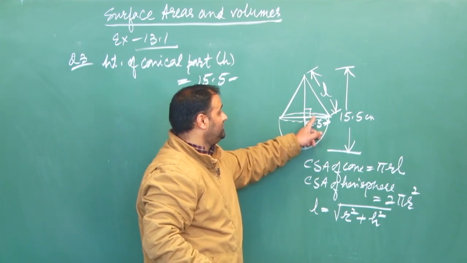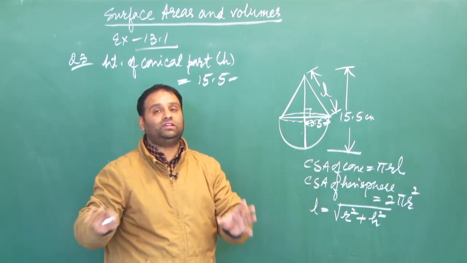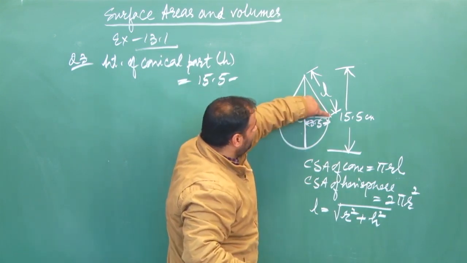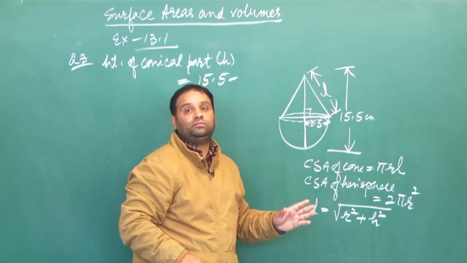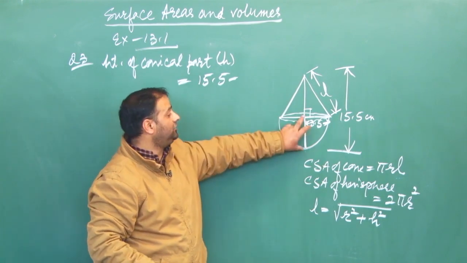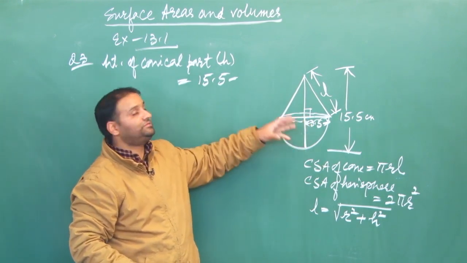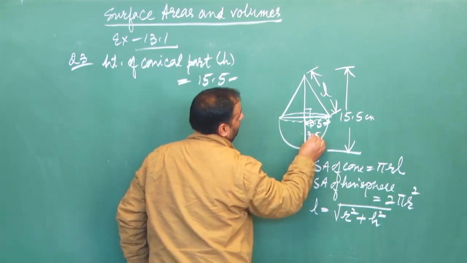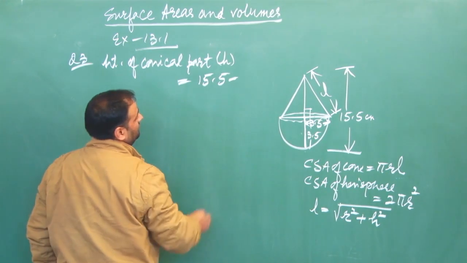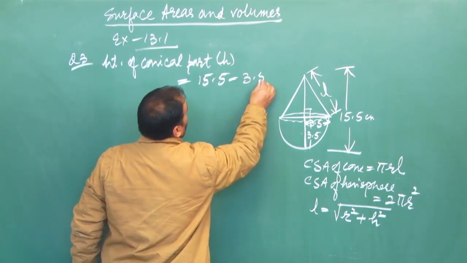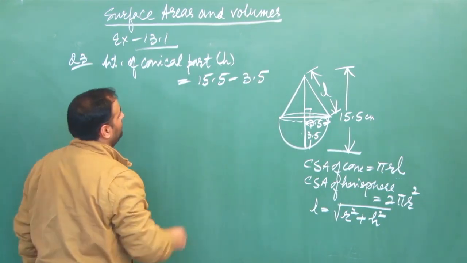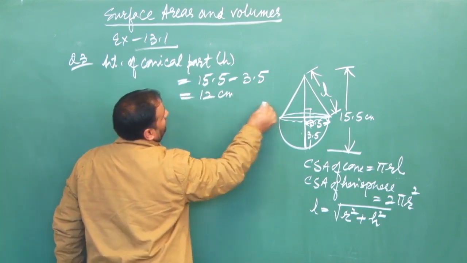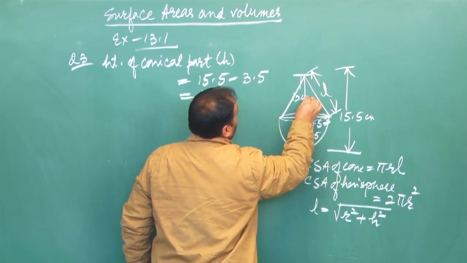The radius and the height of a hemisphere remain the same, so with a radius of 3.5 centimeters, the height of the hemispherical portion is also 3.5 centimeters. Subtracting 3.5 from 15.5, you get 12. So the height of the conical part is 12 centimeters.